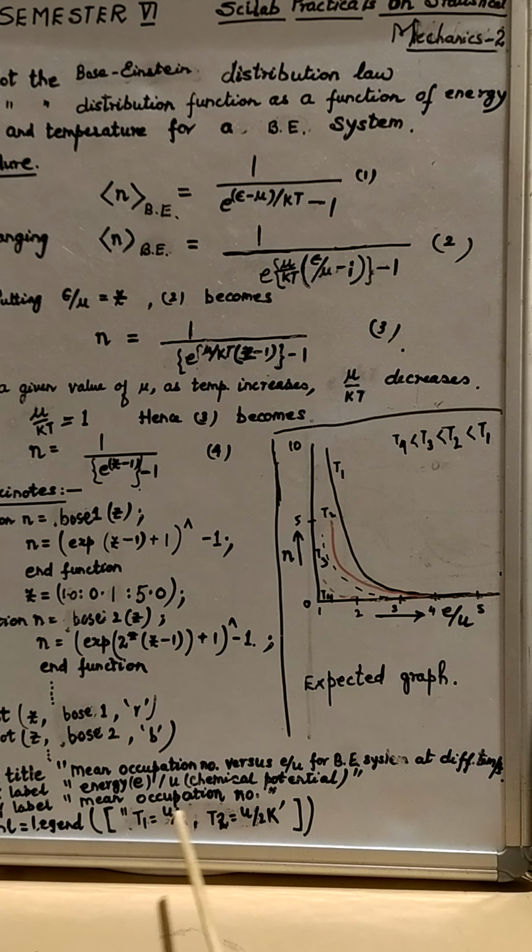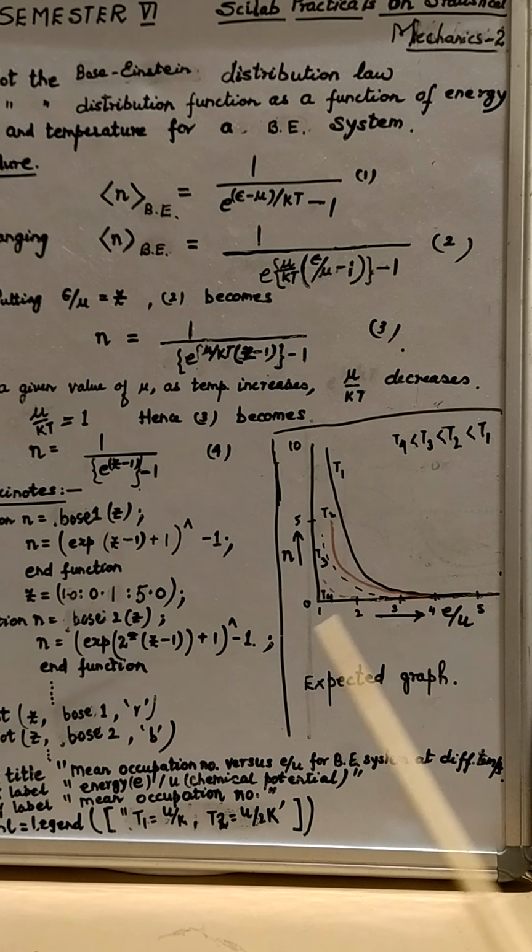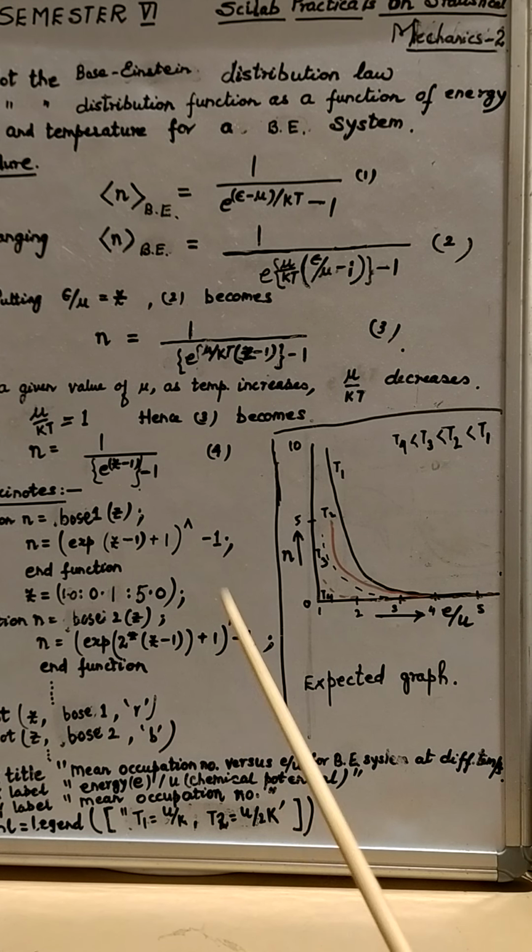Then xlabel, ylabel, and for the legend, this time I have written temperature in a different way, although the previous one in the first lecture is also correct. I have written T1 is equal to mu by k, and T2 is equal to mu by 2k, and so on and so forth. These are for the two temperatures that I have taken, but in actual computer programming I'll take more and I'll show you exactly how that is done. Just hold on for a minute.